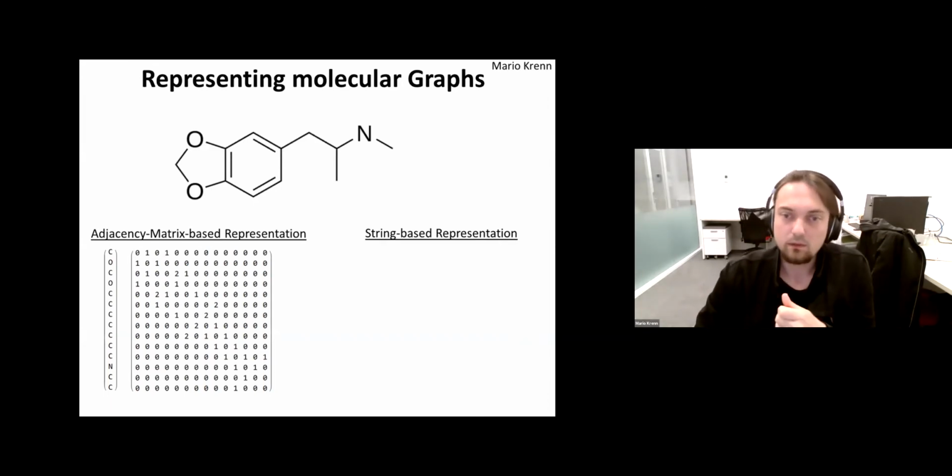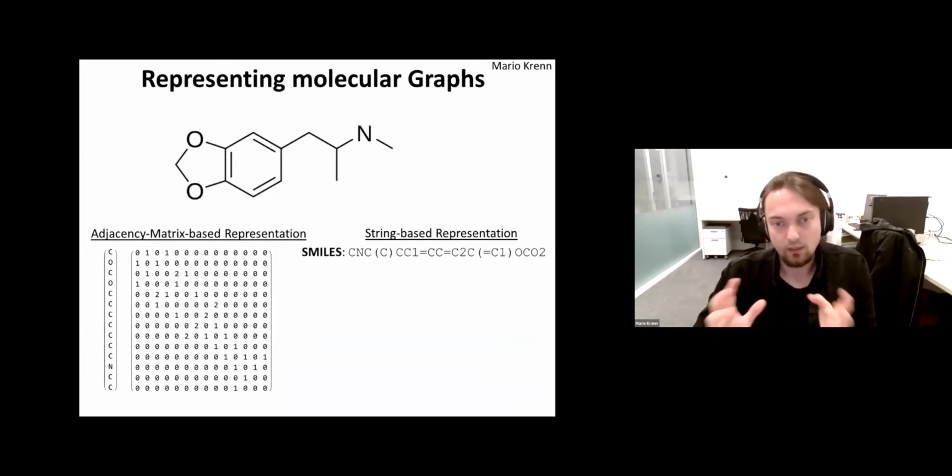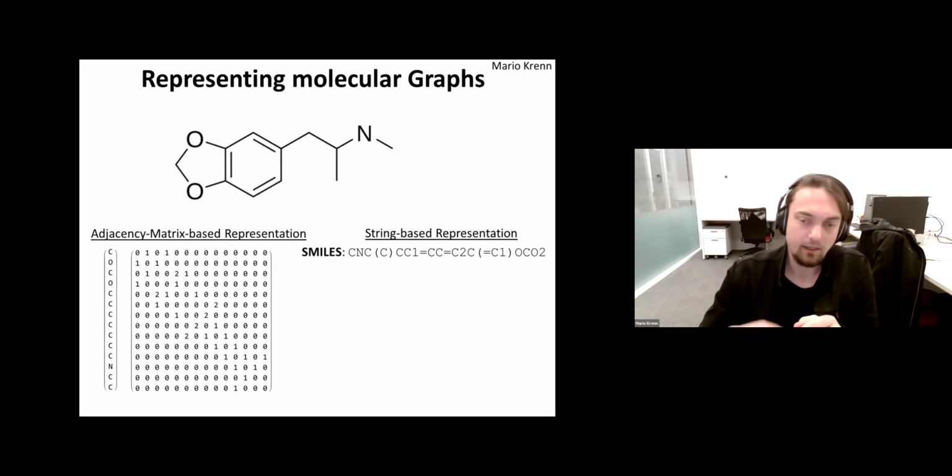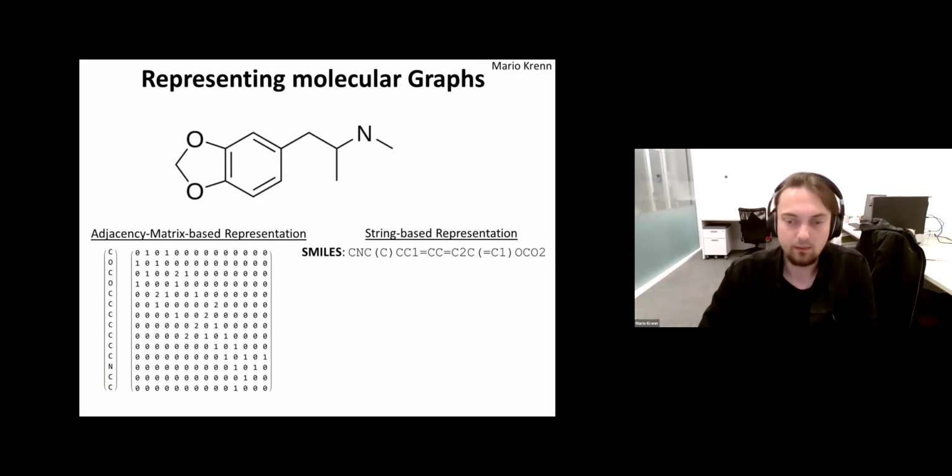The different method is string-based representation. And here, the most famous string-based representation is called SMILES. This was invented in the late 80s and has since been basically the most important representation in computational chemistry.